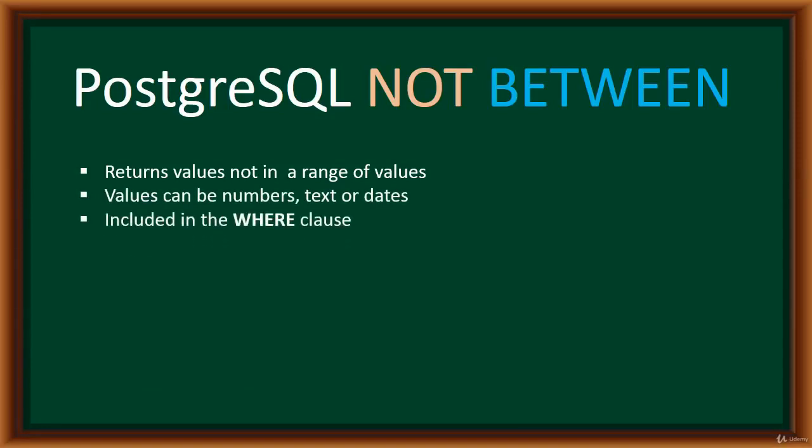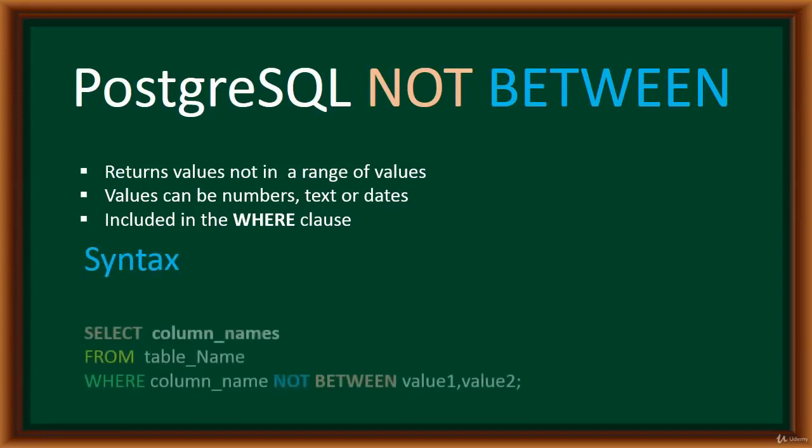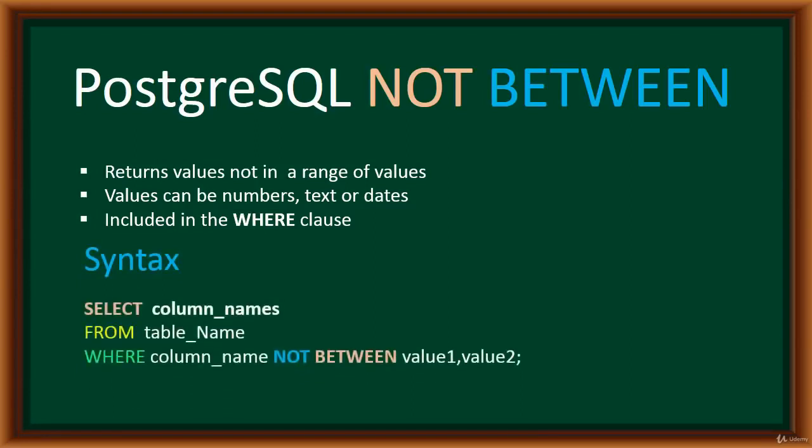Like the between operator, the values can be numbers, text, or dates. Also, it's usually included in the where clause. So let's have a look at the syntax, which shows you how to specify the not between operator.